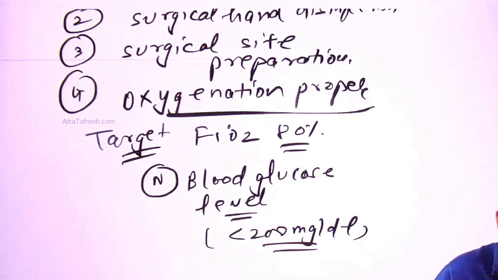All these things are not related with the surgical site, but still they play a role in prevention of what? Surgical site infection. The proper drips, the proper oxygenation, and a normal blood glucose level, but at least you have to maintain it below 200.